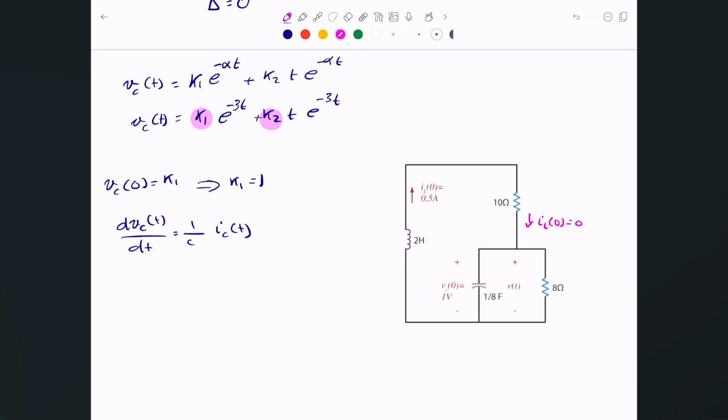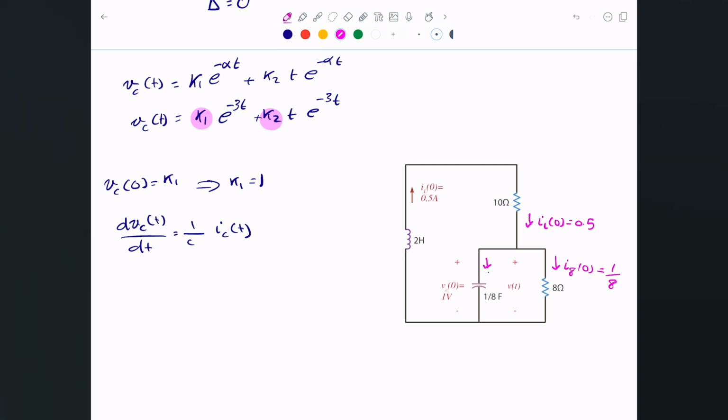We do, and that's 0.5. Do we know the initial current in here? That's basically I8 of 0. Technically we know, because we know the voltage across it. The voltage is 1, so it's 1 divided by 8, because it's 1 volt and 8 ohms.